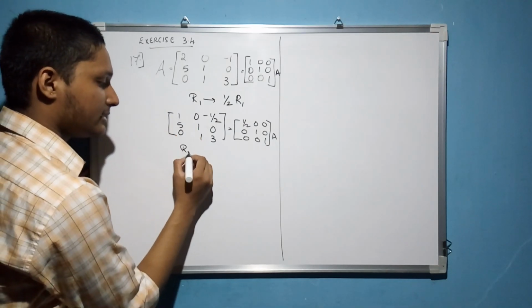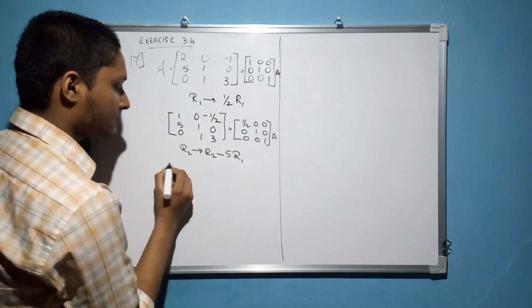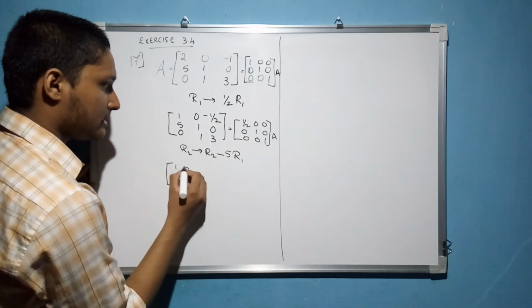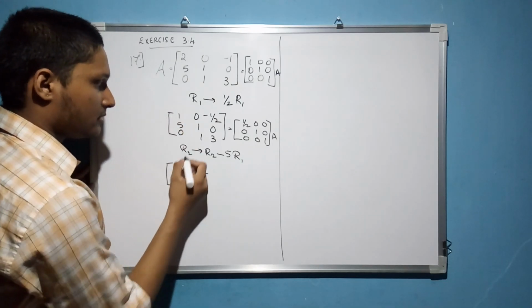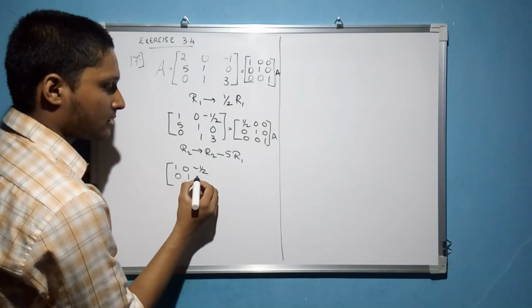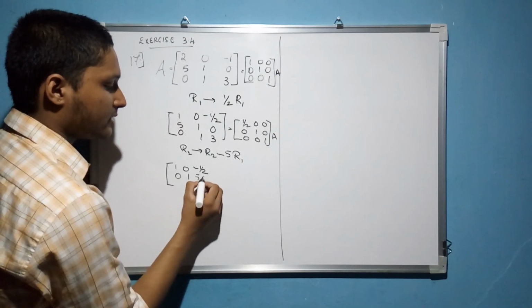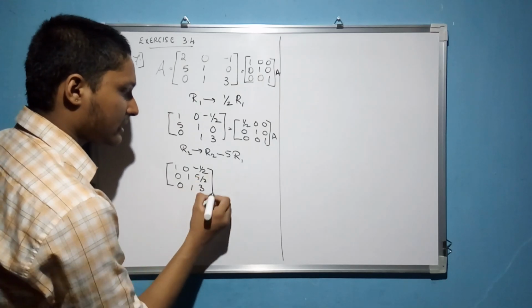Now I need to consider R2. R2 gives R2 minus 5 times R1. So it is going to be 1, 0, minus half. 5 minus 5 times is 0. 1 minus 0 is 1. 0 minus, so it is going to be 5 by 2 here, and this is 0, 1, 3 as it is.